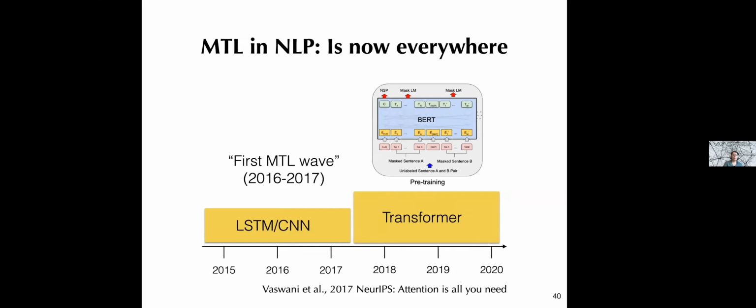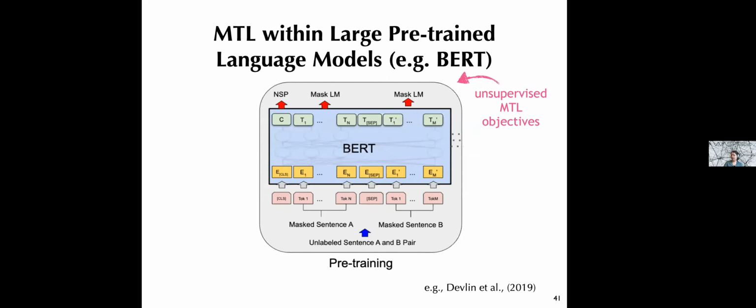Then came the transformer paper and the large pre-trained models, and essentially the whole of the encoding is now replaced with a big pre-trained model, with the decoders on top, which you typically fine tune nowadays. But the question arises, how can we still use these models to do multitask learning? Is it even beneficial?